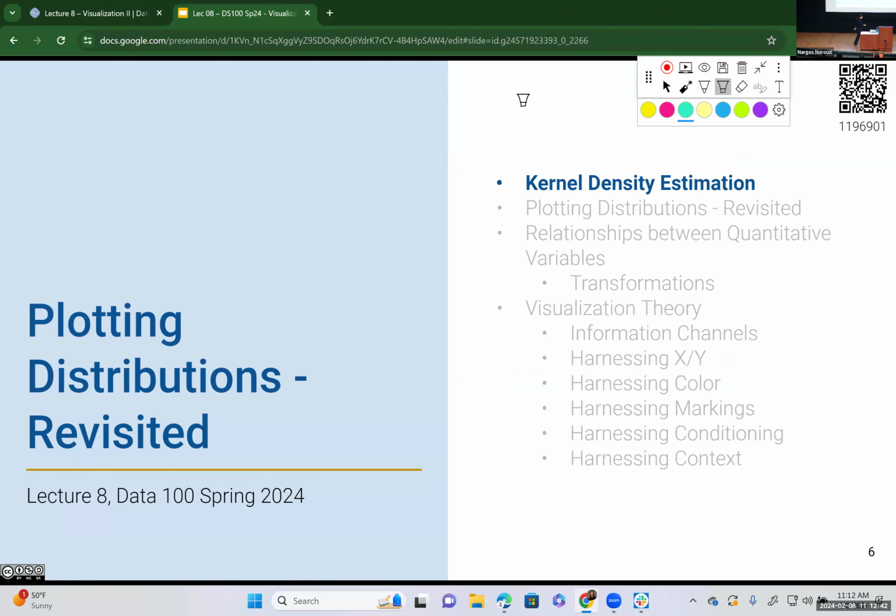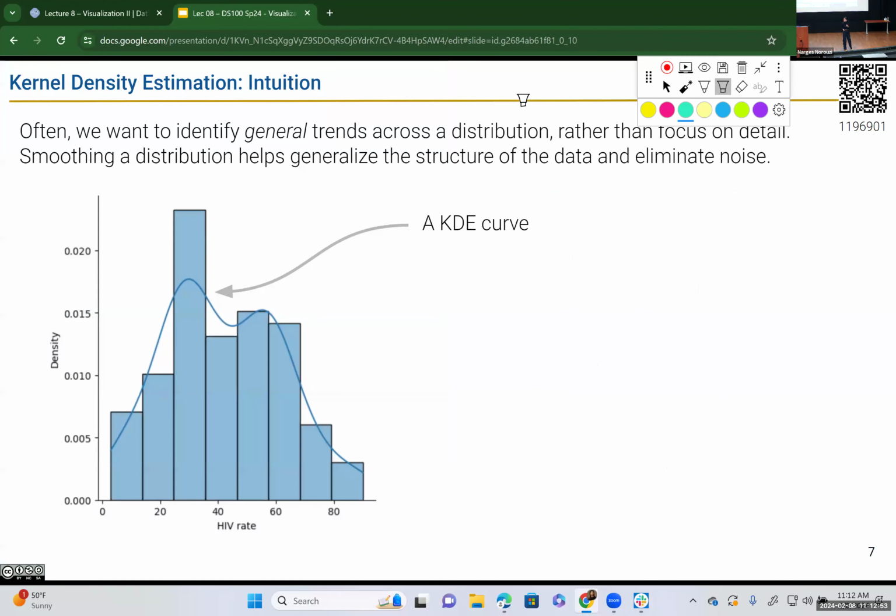So let's dive into kernel density estimation, the topic that I started talking about, the motivation behind it, in the previous lecture, but now we're going to talk about what it is exactly. So remember when I was talking about histograms, I was creating these histograms and I was telling you that there is a way that we can define some concept of mode in our histogram.